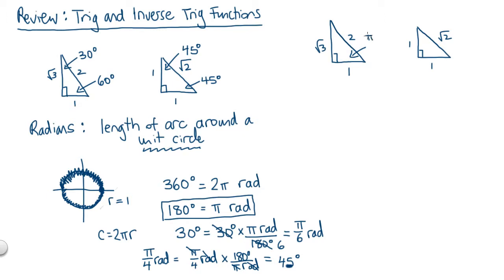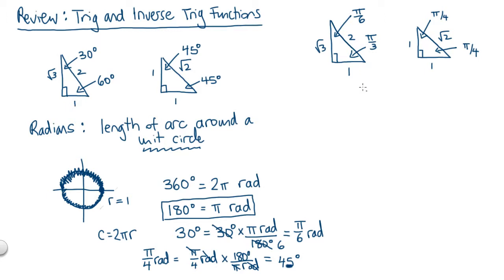So this angle here is going to be pi over 3, same thing as 60 degrees. Pi over 6, same thing as 30 degrees. And over here, our two angles are pi over 4, same thing as 45 degrees. So let's focus on these two special triangles whenever we need to find values of our trig functions.